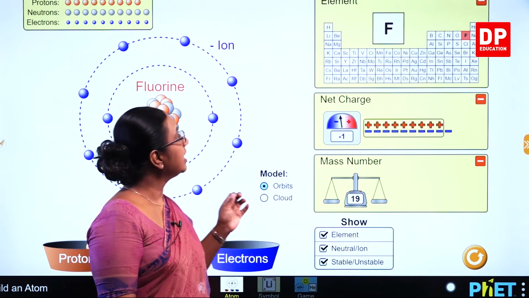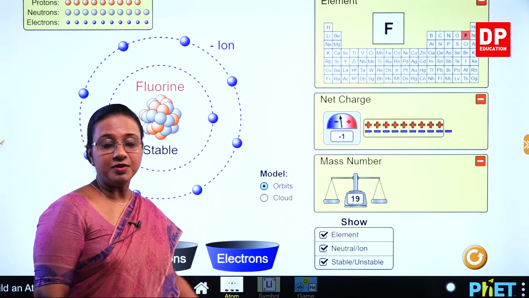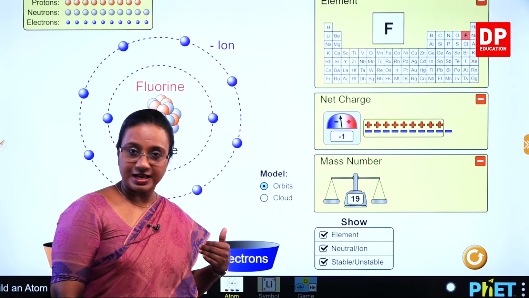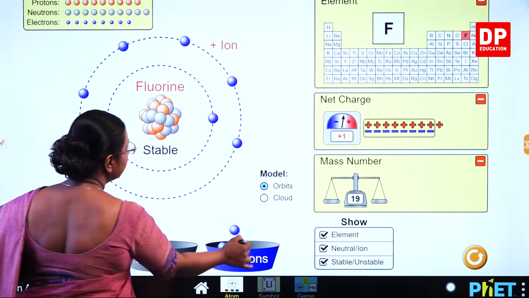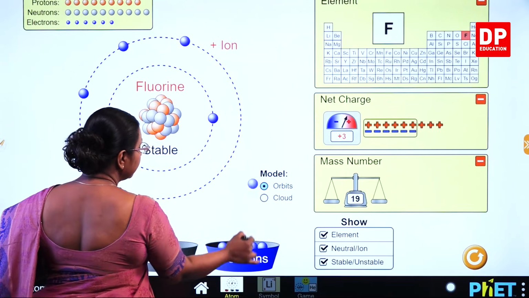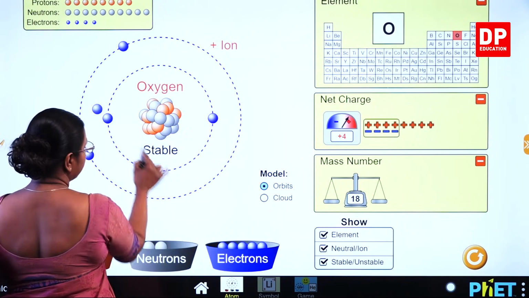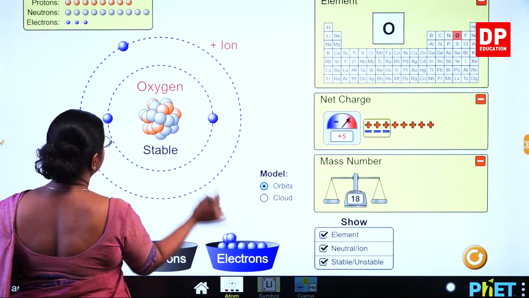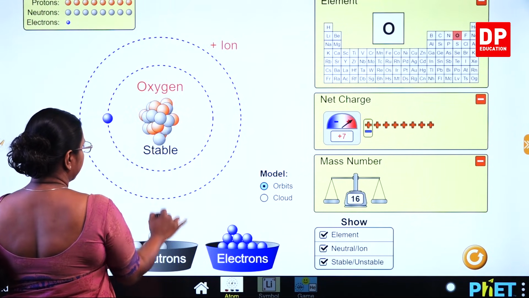For that, we can take the example, the simplest atom, what we saw before, is hydrogen. In a hydrogen, there were only 1 proton, 1 electron and 1 neutron. I'll go back to the same atom.